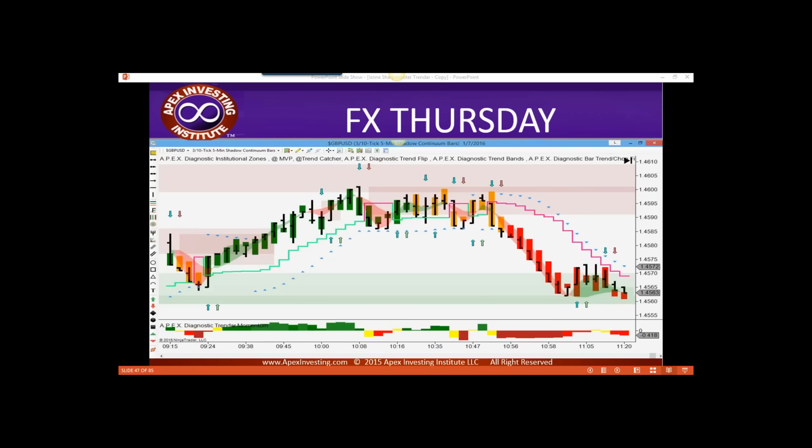Brian, in NinjaTrader, when you first open the chart and you select the instrument, like if you're selecting NASDAQ or Russell and you click it, over to the right, towards the top right, there's a little drop-down box and you've got to select diagnostic bars or continuum bars. Okay.